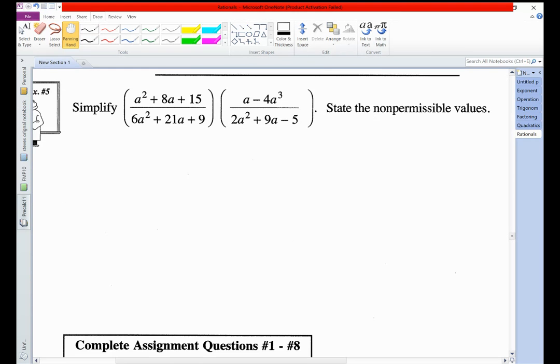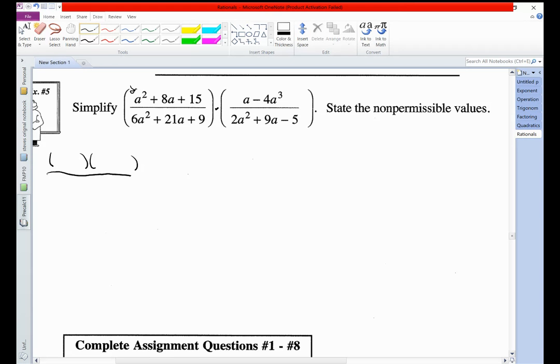It's when we get here that things get a little bit interesting because we have to do a lot of factoring, but you guys are totally capable of doing that. So I'm going to rewrite this. So the first trinomial in the top has no constant in front of the a squared term, so we can factor it by inspection.